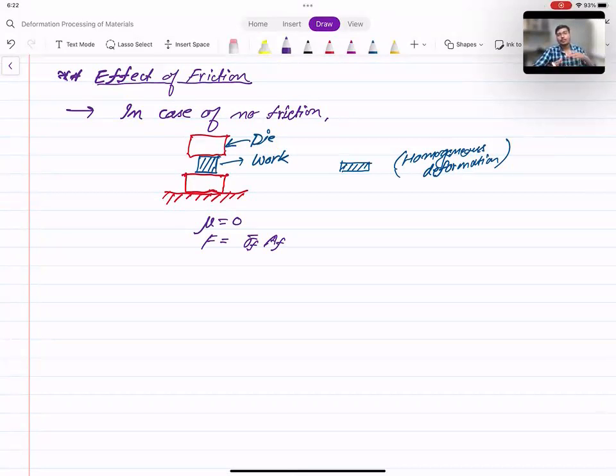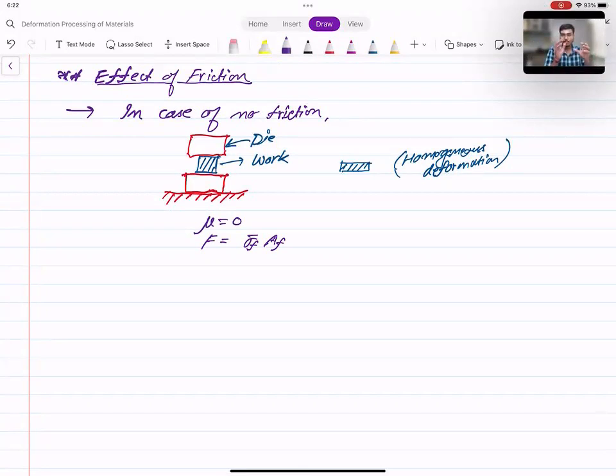When the dies try to compress or press the workpiece, the surface which is in contact with the dies will not be allowed to flow easily. It will not flow properly, so as to maintain homogeneity.